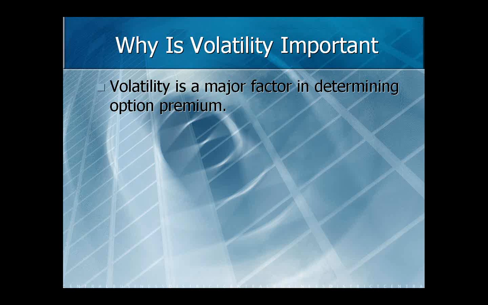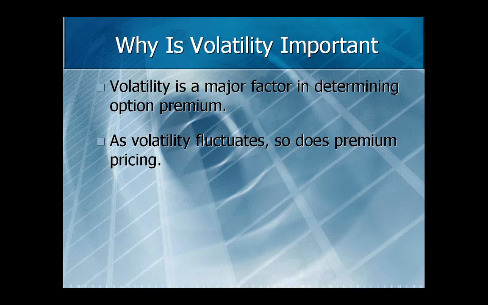And that is what causes the fluctuation in the options premium, the difference in the implied volatility. As volatility fluctuates, so does the premium pricing. I think we saw a good example of that as I was walking through that think back. There were 3 or 4 days in a row where the stock price didn't change that much, but our premium was going up 3 cents, 5 cents, 6 cents a day.